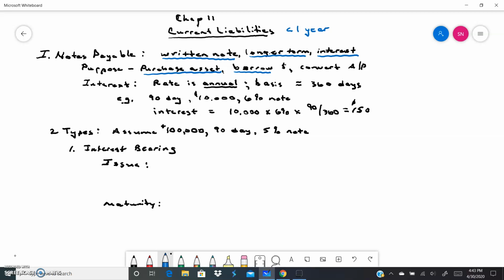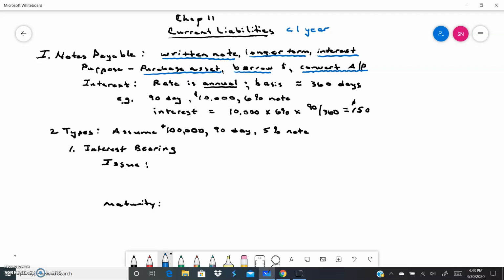Or sometimes when we're falling past due on an accounts payable, the supplier will either take drastic measures such as cut us off and not supply us anymore, or will agree to continue to supply us but will convert that accounts payable into a notes payable for maybe a longer term, allowing us more time to pay it off. But now it would begin to accrue interest, and interest would be payable on that obligation.